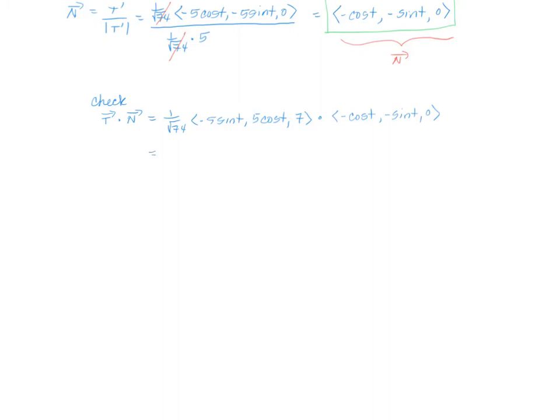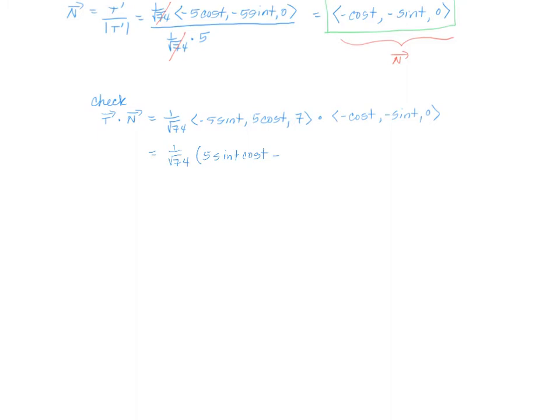I'm going to ignore this 1 over the square root of 74. When I dot these two vectors, it's going to be negative 5 sine times negative cosine, so it's going to be a positive 5 sine of t cosine of t. So multiply, add, multiply, add. The 5 cosine times negative sine would be a negative 5 sine cosine.